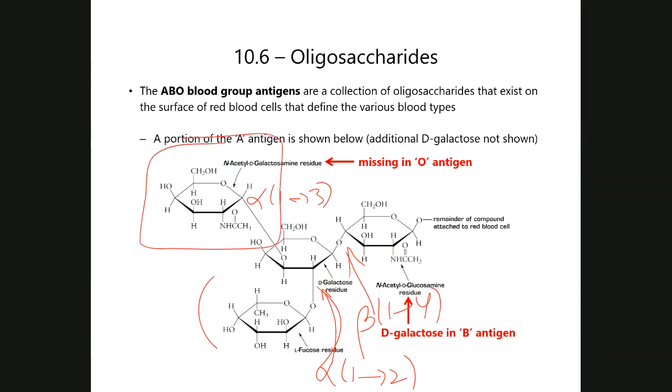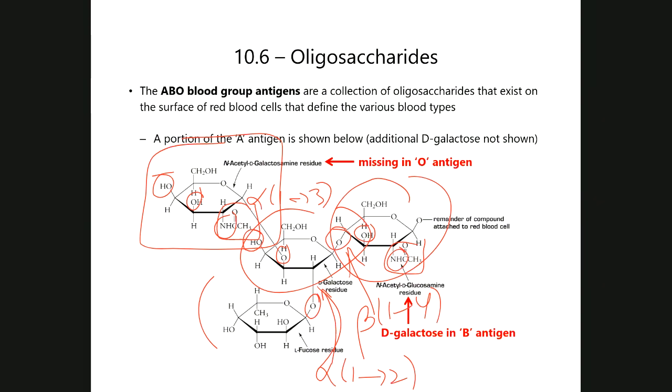Well, this is down, up, up, and it has this thing. So that's N-acetyl galactosamine. What's this one? Well, it's down, up, up. That's D-galactose. What's this one? This is down, up, down, and it has that whole thing. That's N-acetyl glucosamine. And you need to be able to identify which carbons are bonded with which carbons and what type of linkages they are associated with.